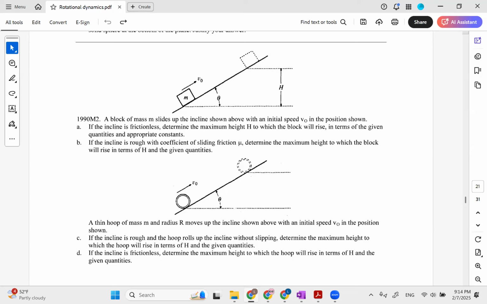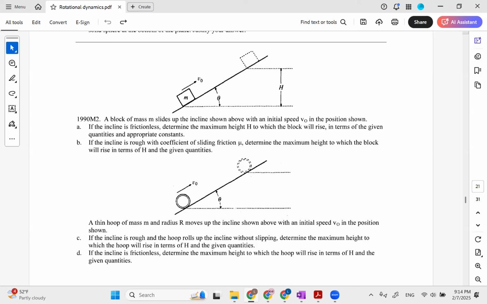A block of mass m slides up the incline shown above with an initial speed v naught in the position shown. If the incline is frictionless, determine the maximum height h to which the block will rise in terms of the given quantities and appropriate constants. If the incline is rough with coefficient of sliding friction mu, determine the maximum height to which the block will rise in terms of h and the given quantities.